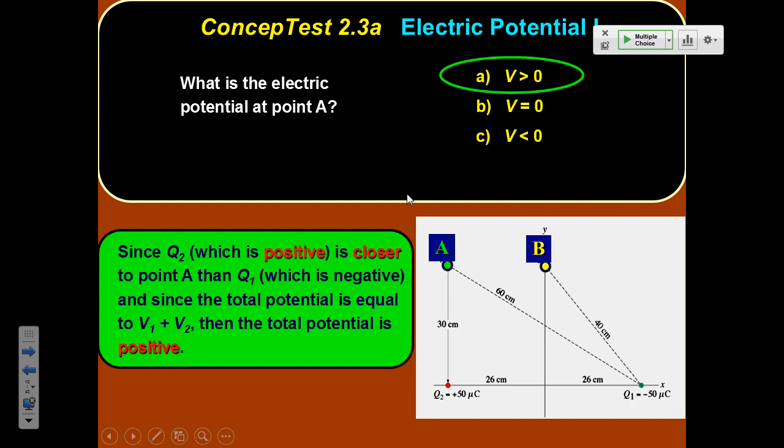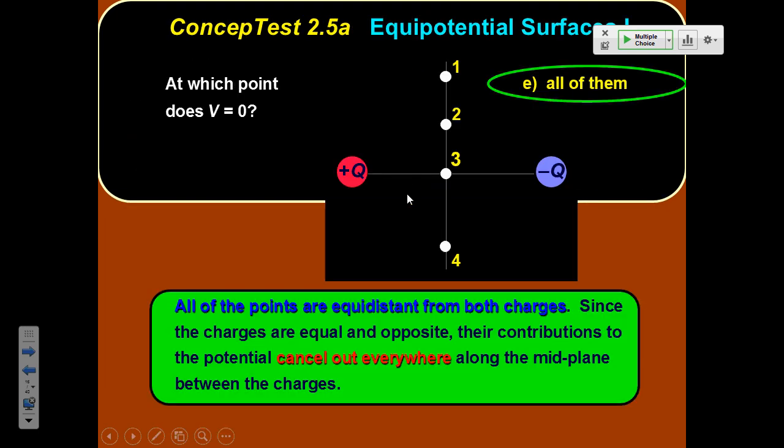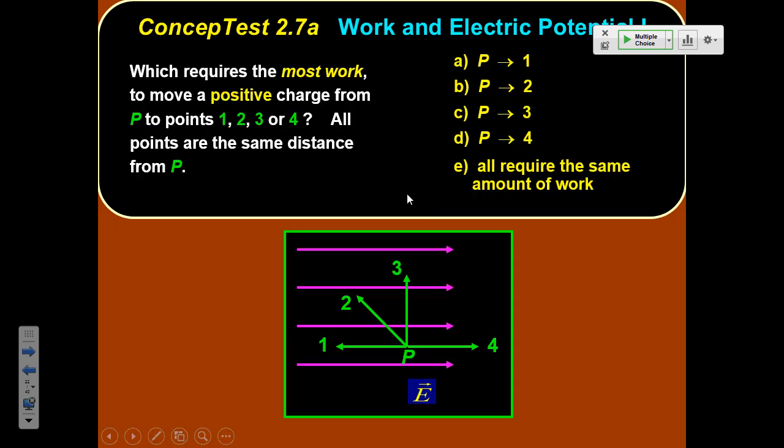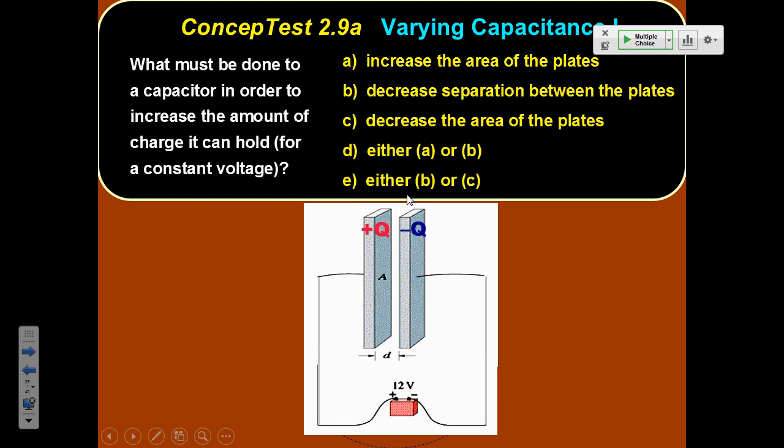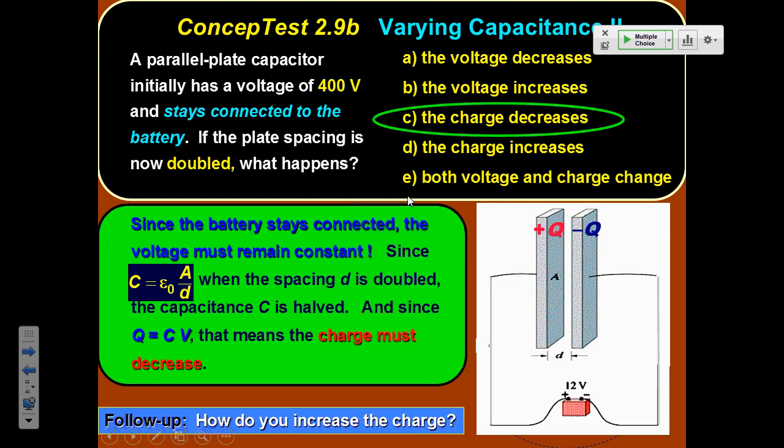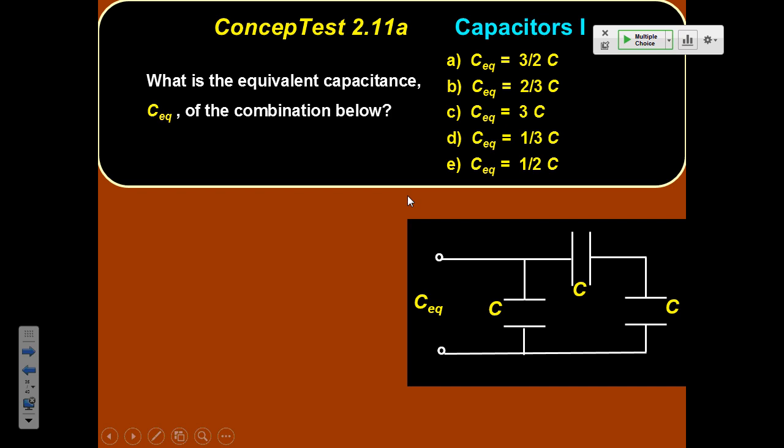Let's see, we've done all these. We did these, right, about capacitors? Yeah. Okay, actually, no, let's do combination circuits first. I'm sorry. We'll come back to this in just a bit.